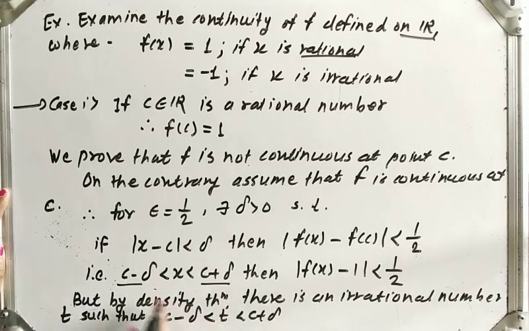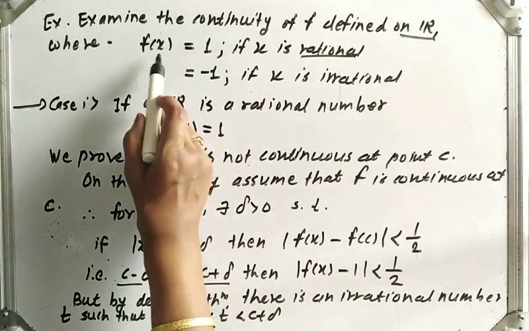Okay, t is present in between these two numbers, then what happens? If x is present in between these two numbers, then this condition holds. Therefore, if t is present in between these two numbers, then what will happen?